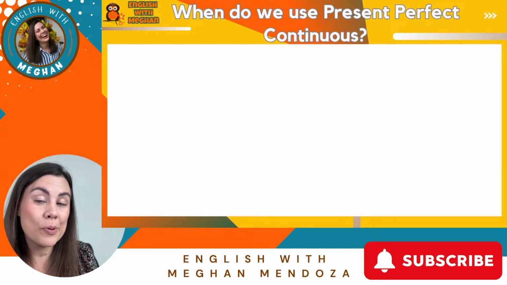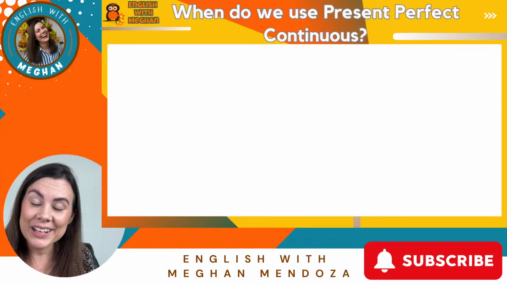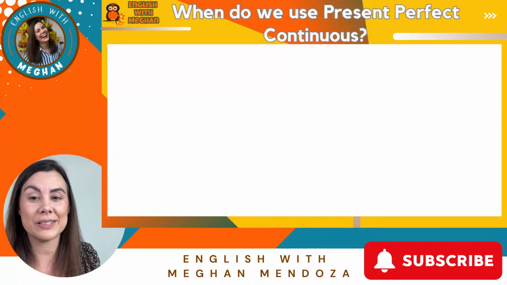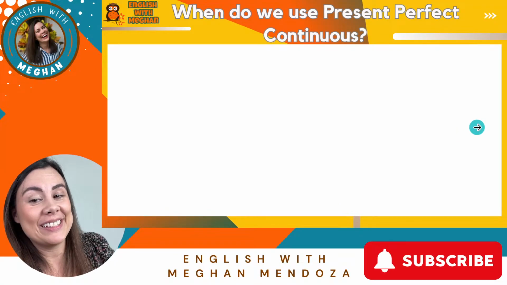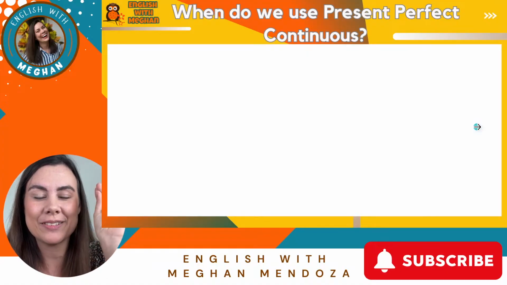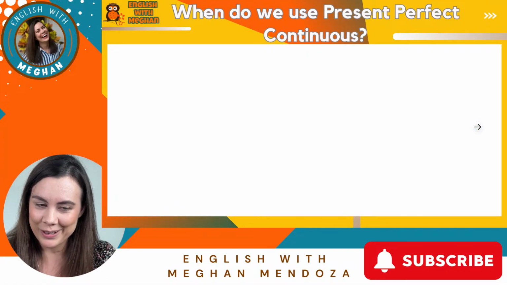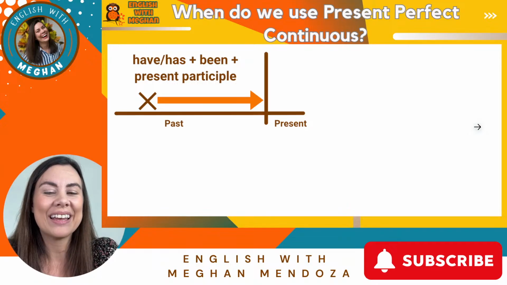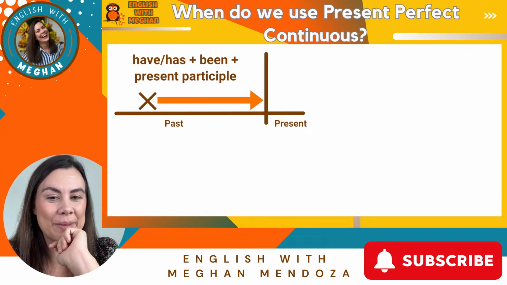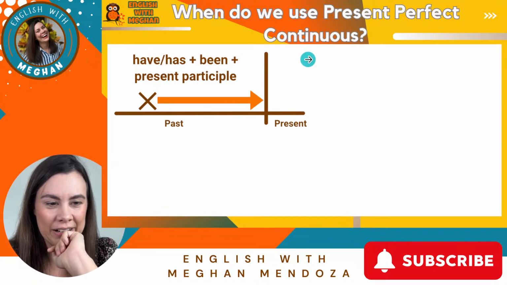So the really important thing is, when do we use the present perfect continuous? Think about it. Take a guess. If you have no clue, that's great. That's why we're here, okay? So here we have something that happened in the past, right?